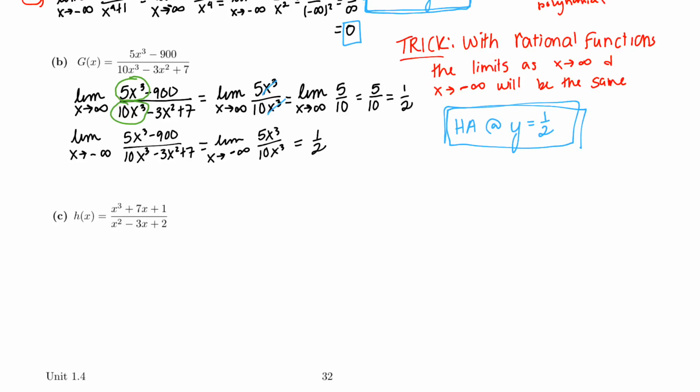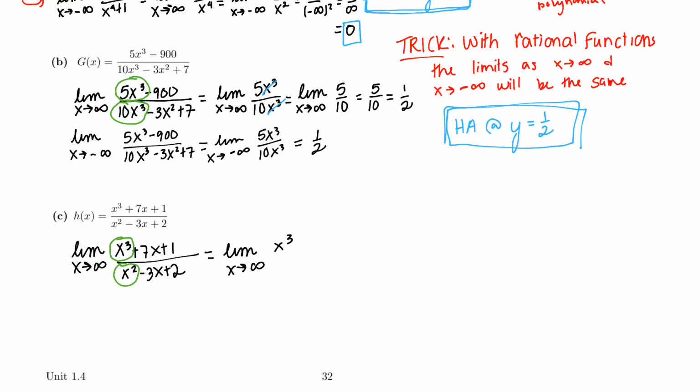So one more. Look at the limit as x goes to infinity of x cubed plus 7x plus 1 over x squared minus 3x plus 2. As x is going to infinity with a rational function, we can take the highest power on the top and the highest power on the bottom.